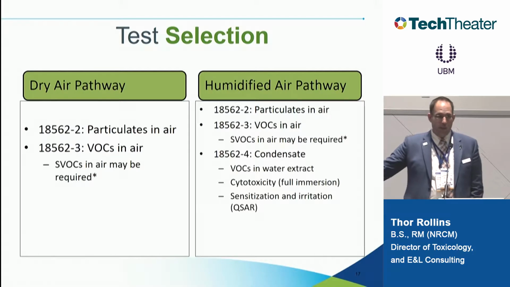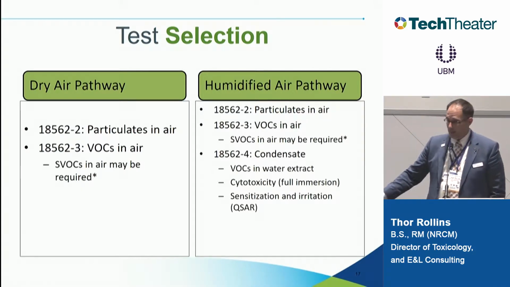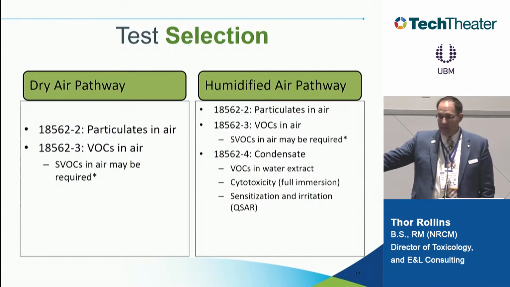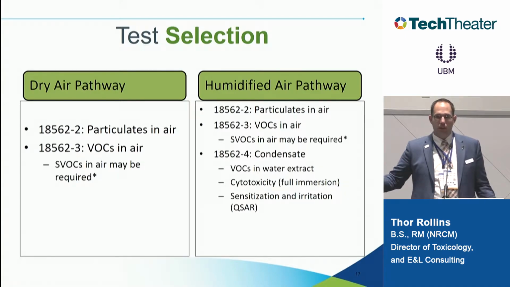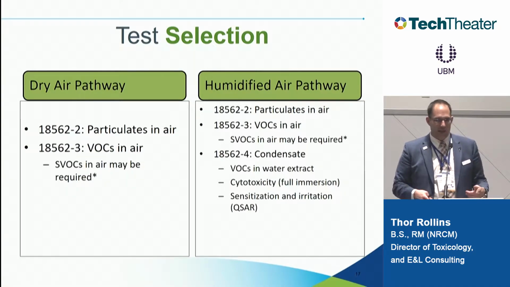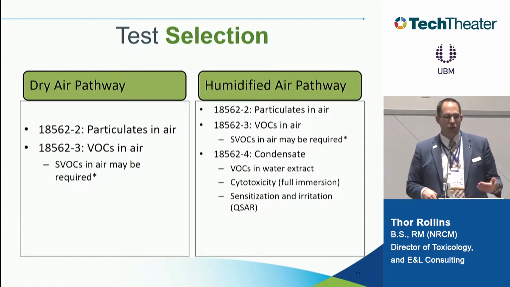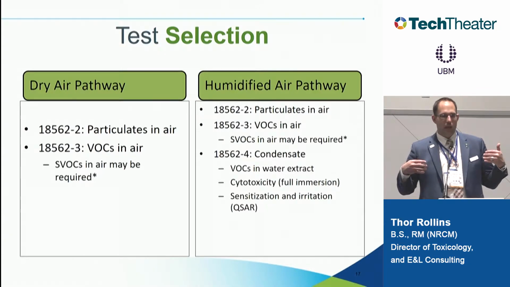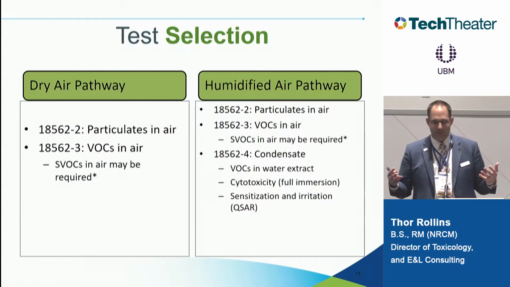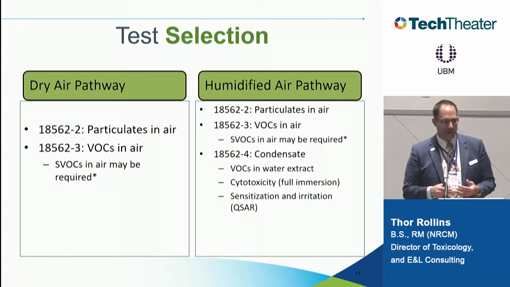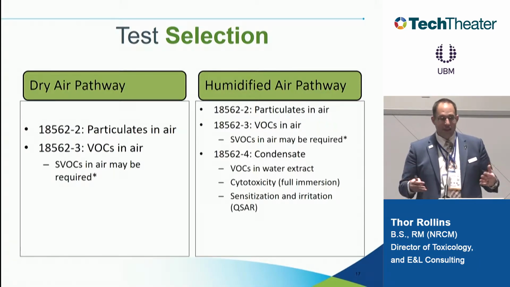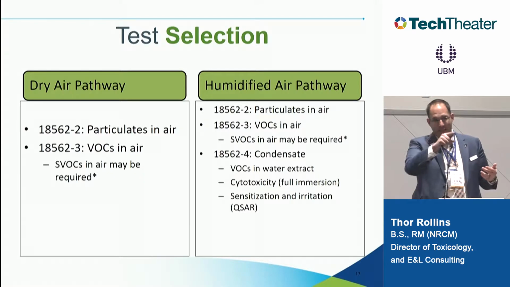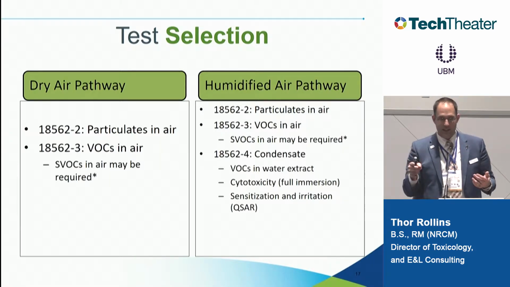I do also want to point out, and we've been very successful with this, at the bottom, with this type of air gas path, we're able to evaluate sensitization and irritation using a structure analysis of those compounds. The way I like to explain it is it's like going to a lineup for some kind of robber or some kind of bad guy. You're sitting there looking at a lineup and picking out which ones you think are guilty, right?